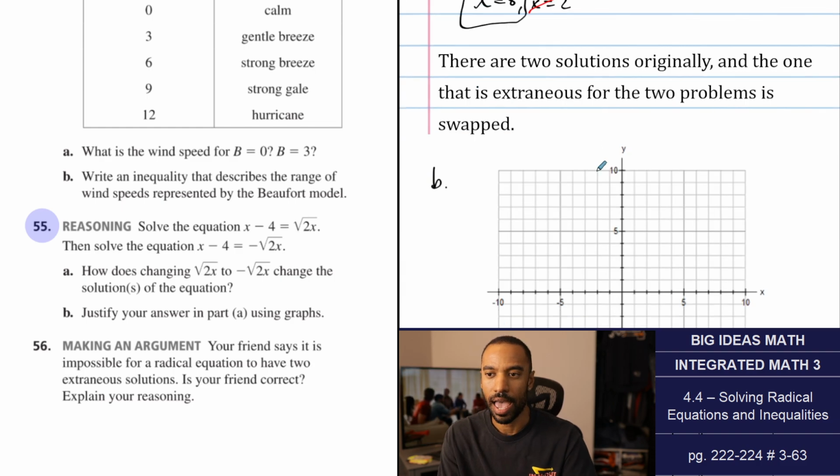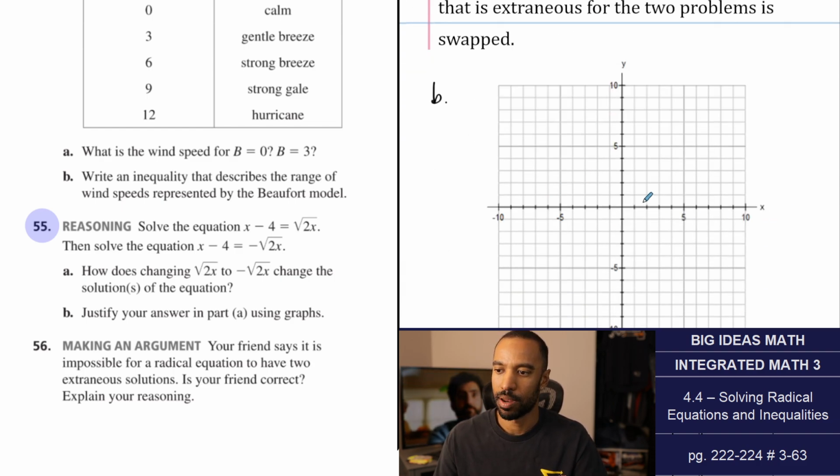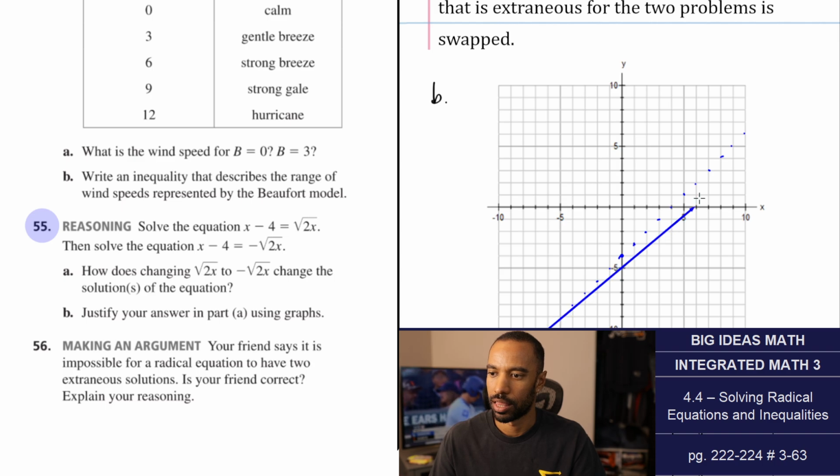Anyway, so this x minus 4 is an equation. Looks like this. Y-intercept of negative 4 and slope of 1. Okay, so as far as this line goes, boom, boom, boom, boom, boom, we'll get that going right there.